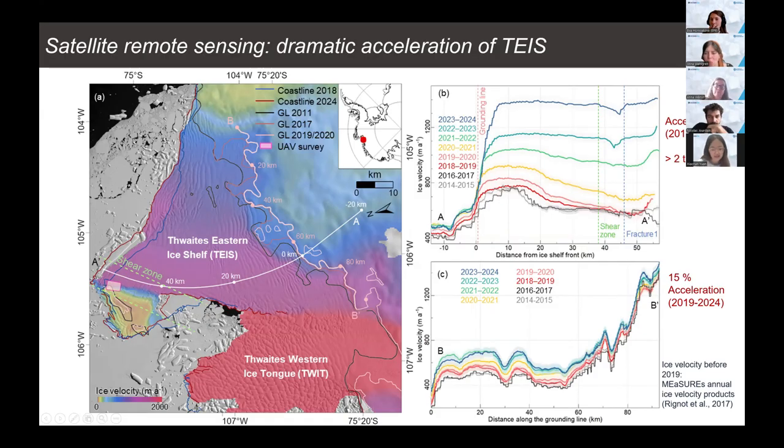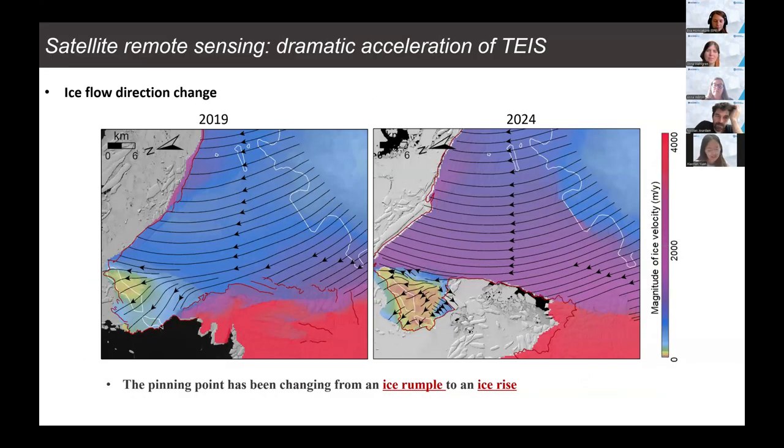So by 2024, the ice velocity of the entire ice shelf had more than doubled. But in contrast to the rapidly accelerating ice shelf, the velocity at the grounding line changed only slightly overall. It increased by about 15%.